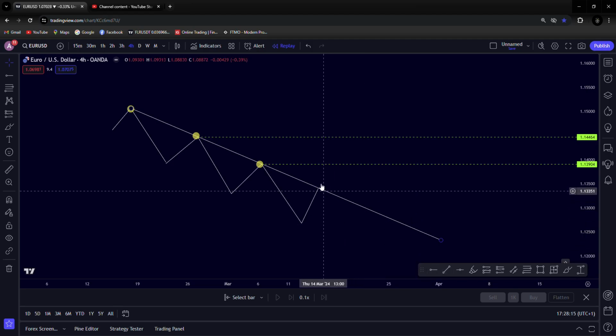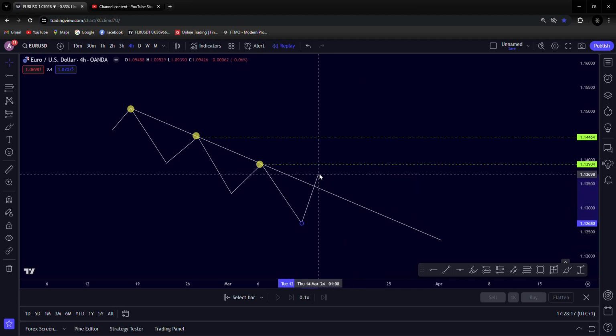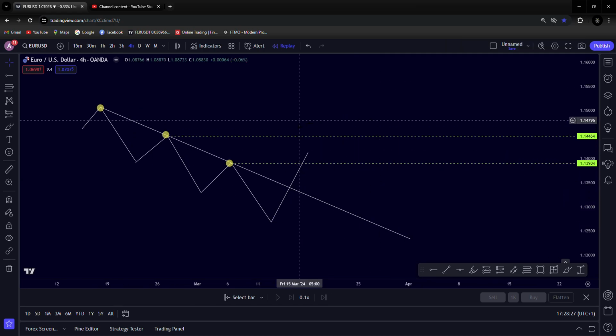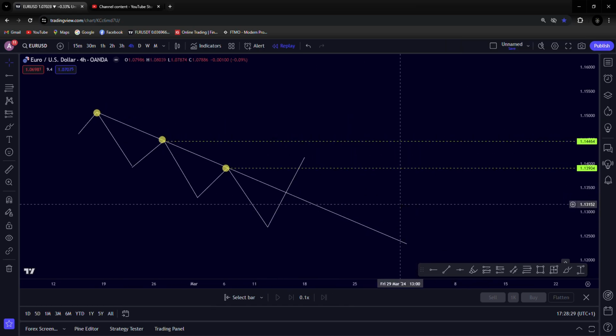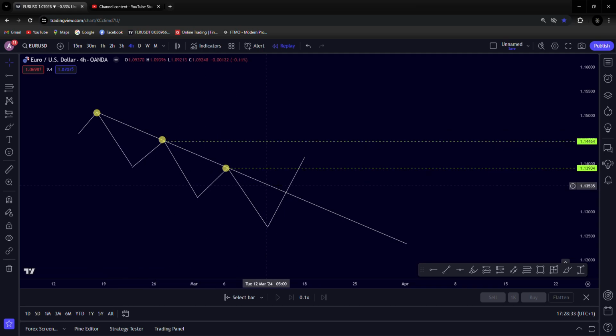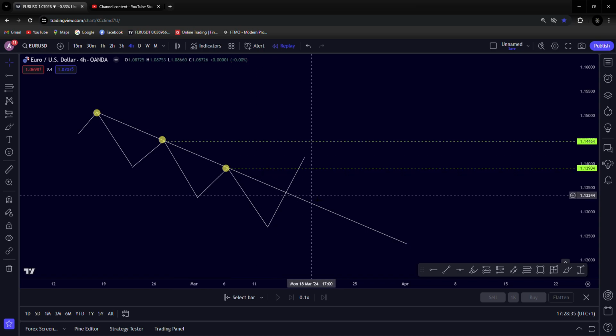I am always waiting for the price to come to liquidate the last point of the trend line, and I enter short sniper over here. So this is how I get into sniper trades. I always hunt the last point on the trend line that's been made.